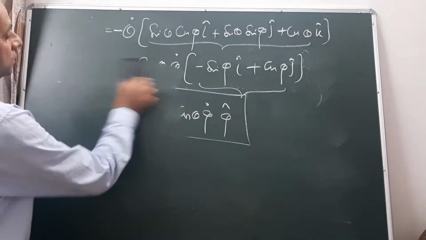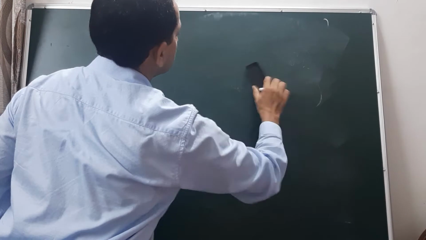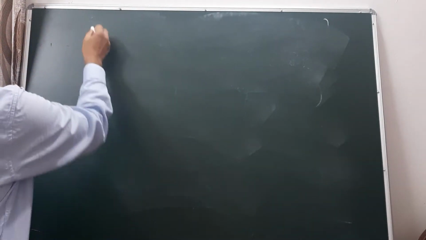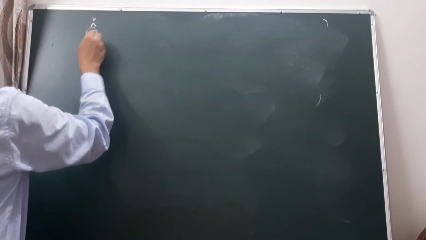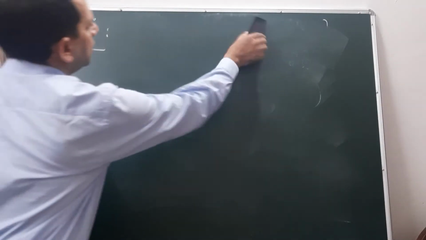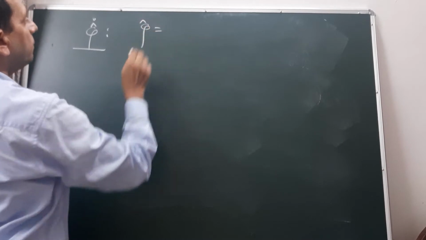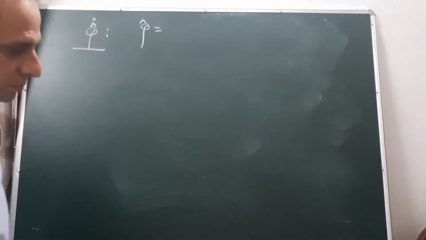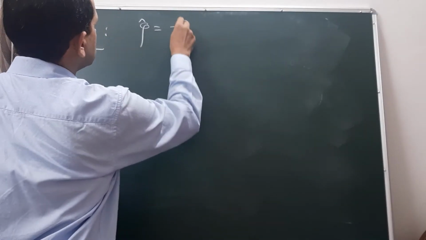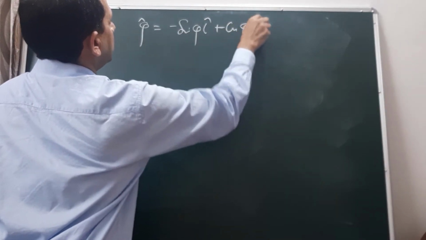Now the second part, that is phi cap dot, the derivative of the phi unit vector. Again we will start with the value of phi cap. We know that phi cap is minus sin phi i plus cos phi j.